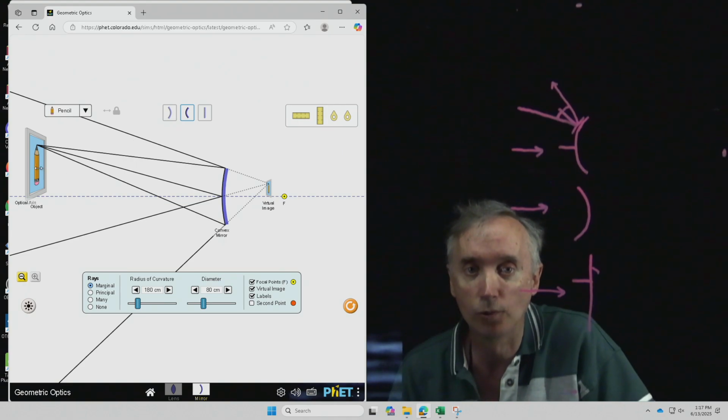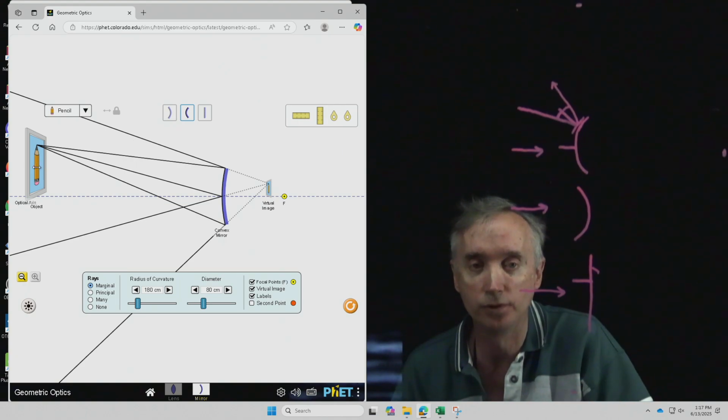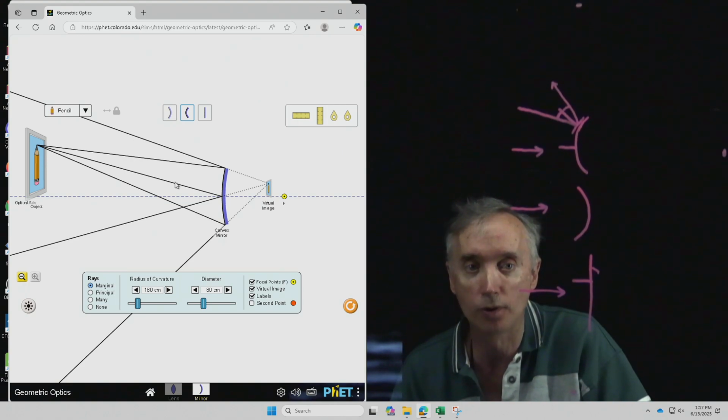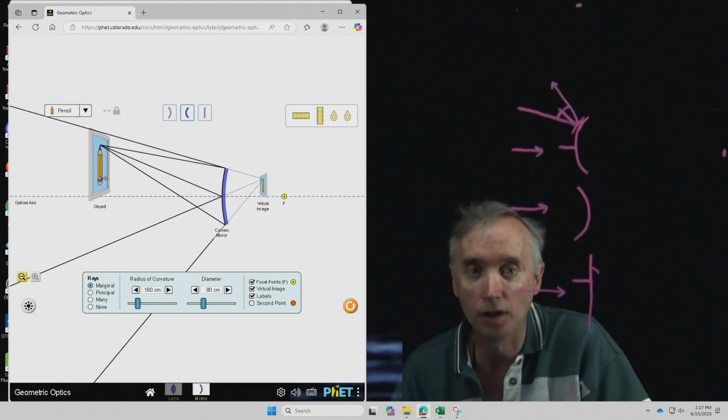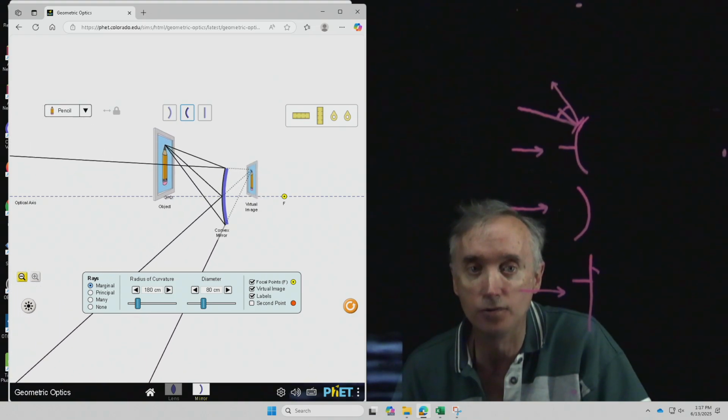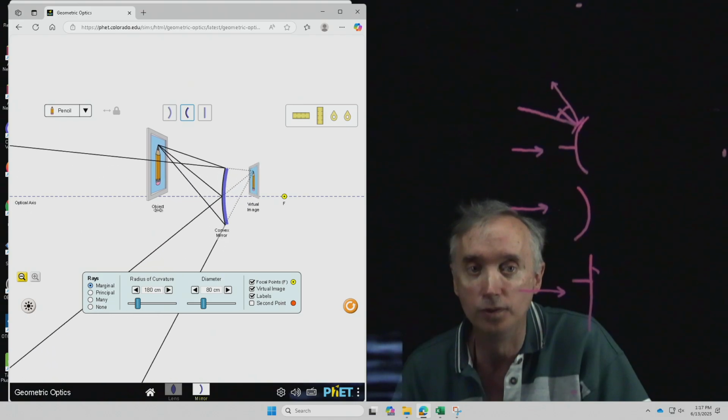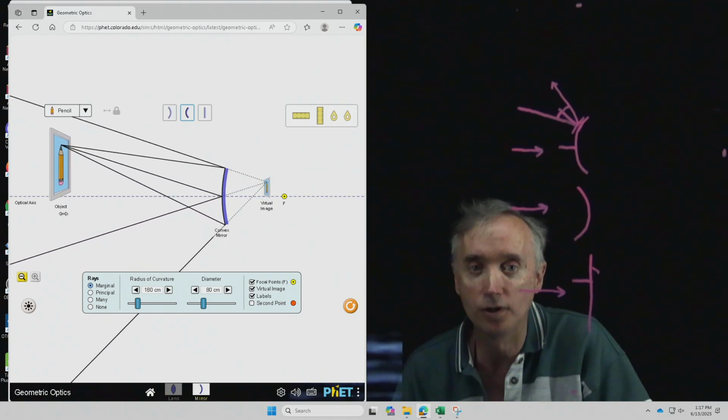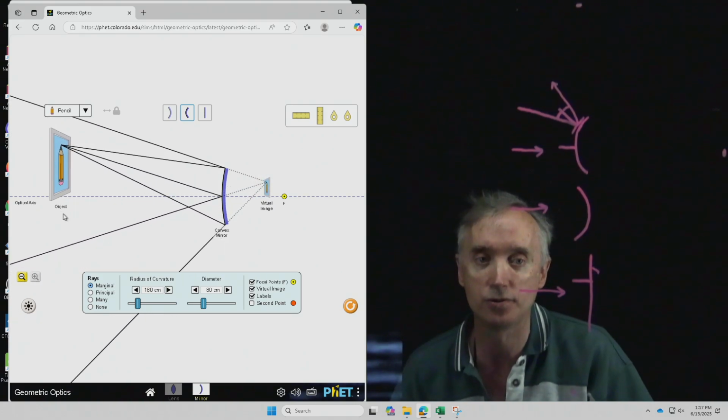Now in the lab, you're going to write down the orientation and the size of the image, and then you're going to bring it closer and closer to the mirror, and describe how it changes.